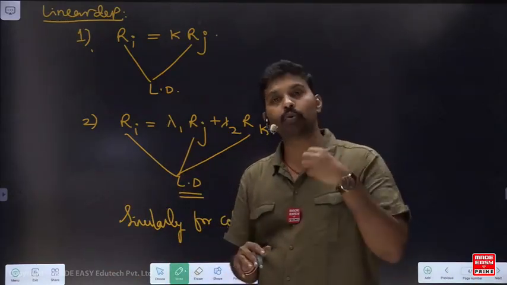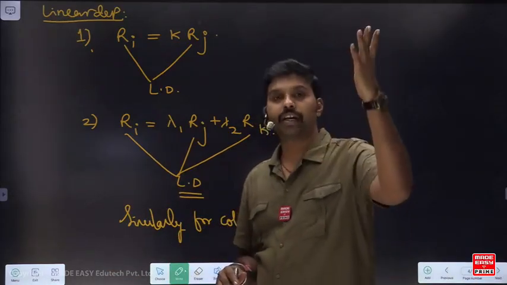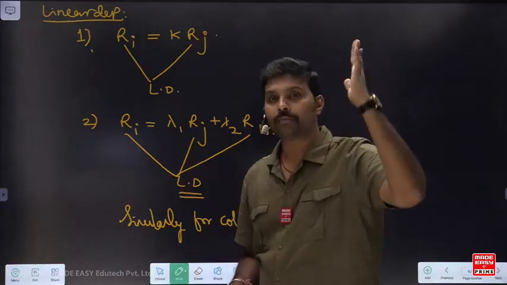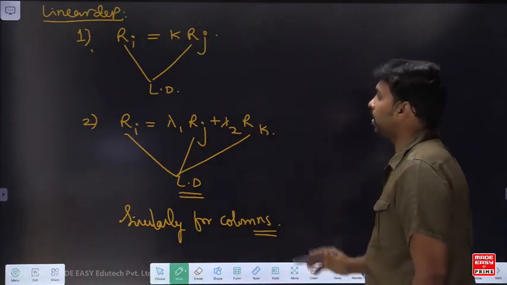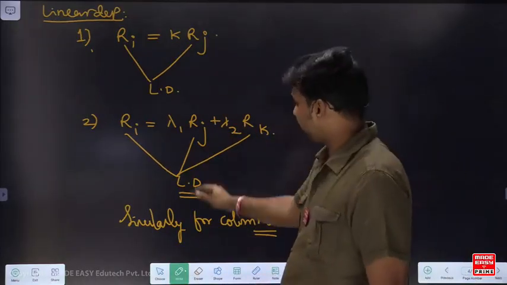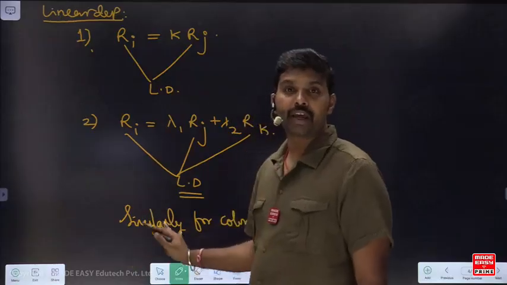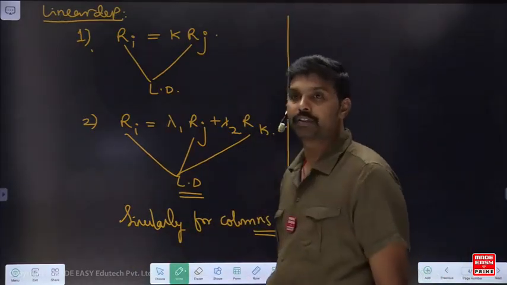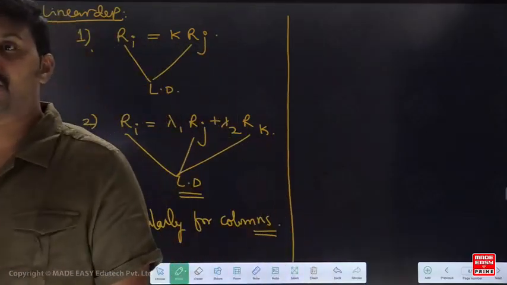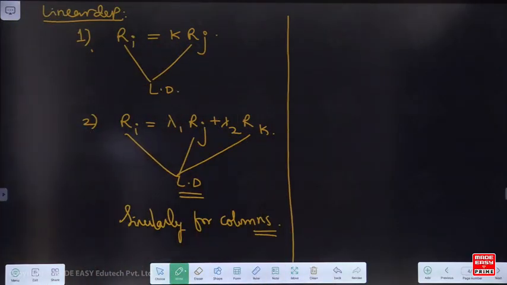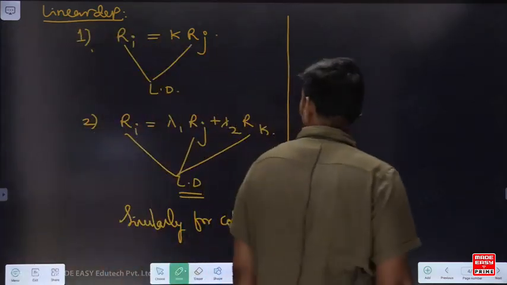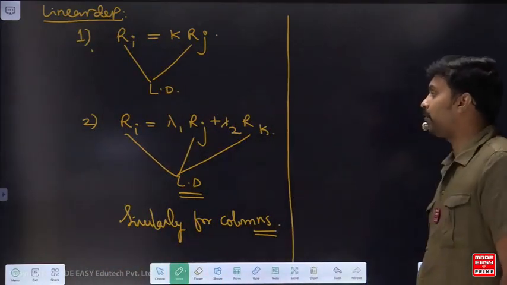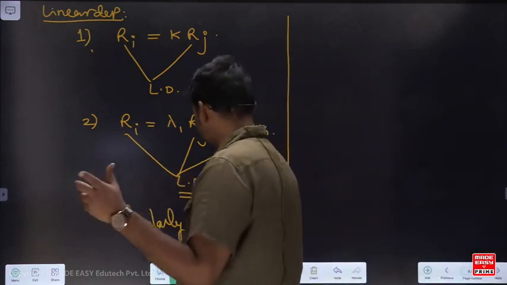So that's the linear dependency for rows and columns in a matrix. Please make a note of this point, all of you. Please take it fast. I think we are wasting some time here.